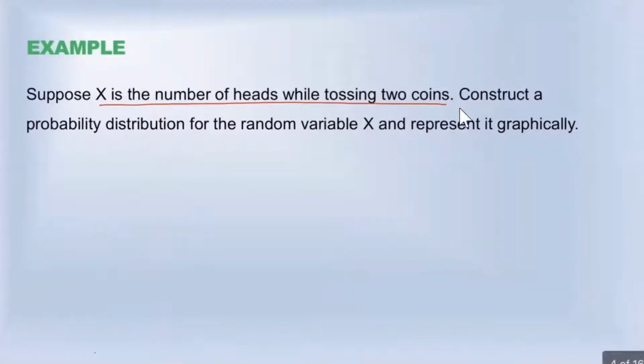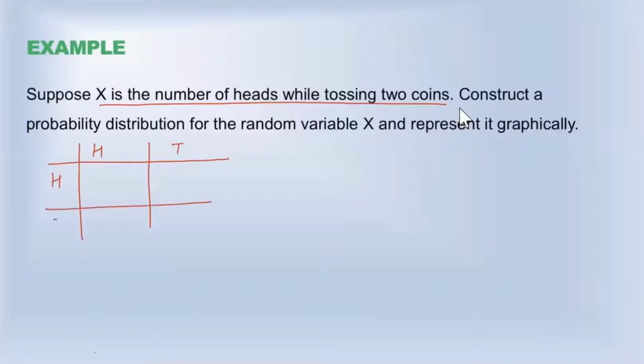So when you toss two coins, if you want to look at all possible outcomes, you already remember this from the probability chapter. In the first coin, you'll get head or tail, and also in the second coin, you'll get head or tail. If you list all possible outcomes, you'll have head and head, head on the first, head on the second.